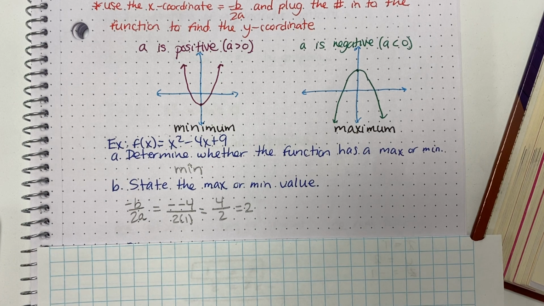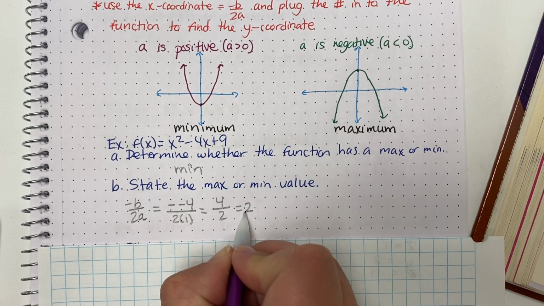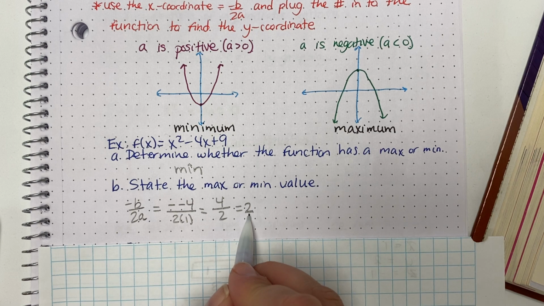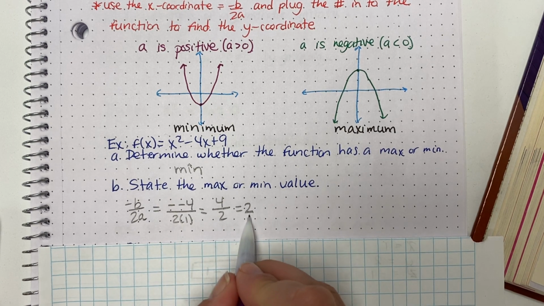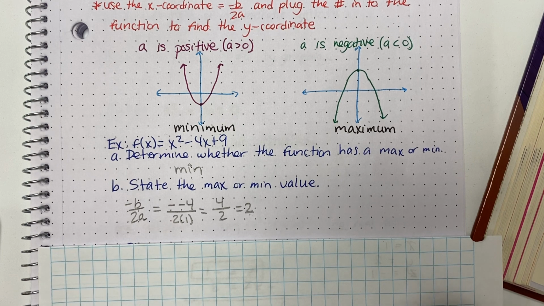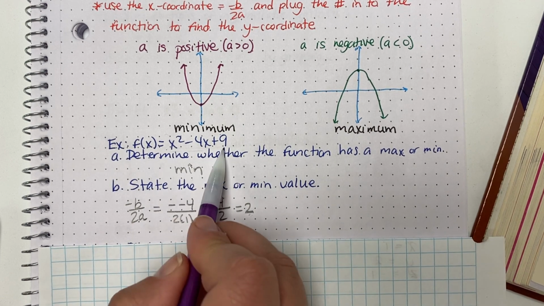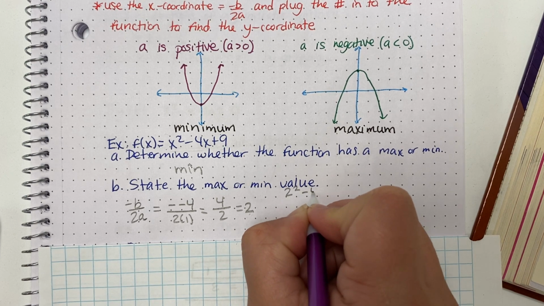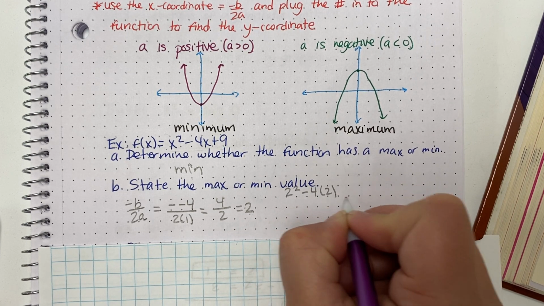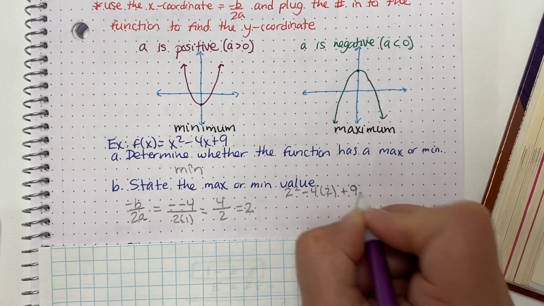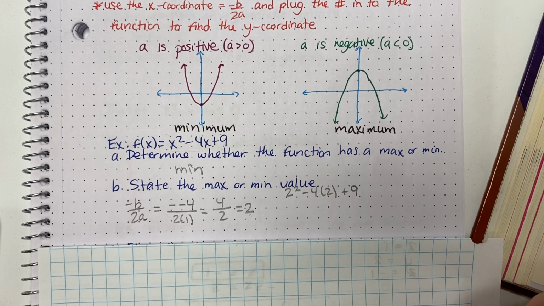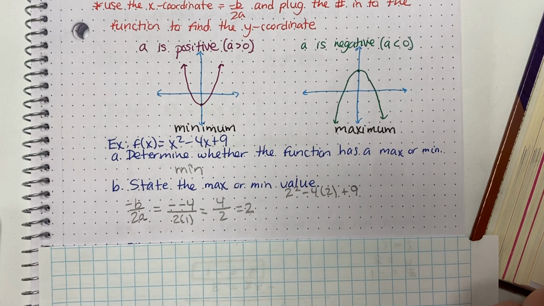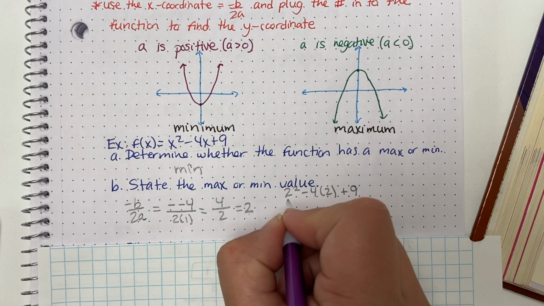So I know that at the location x equals 2, I am going to have a minimum, but I don't know what that minimum is yet. So I need to take this 2 and plug it back in here. So I'm going to have 2 squared minus 4 times 2 plus 9. I could do this really quick or plug it into my calculator.